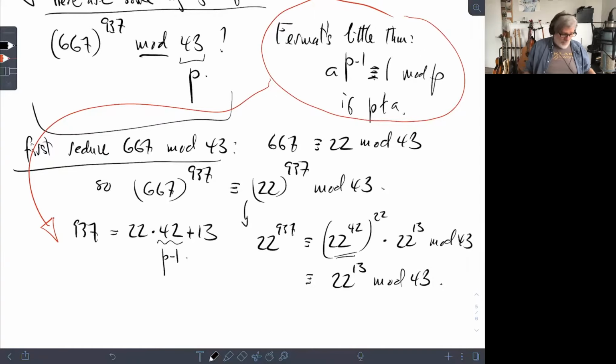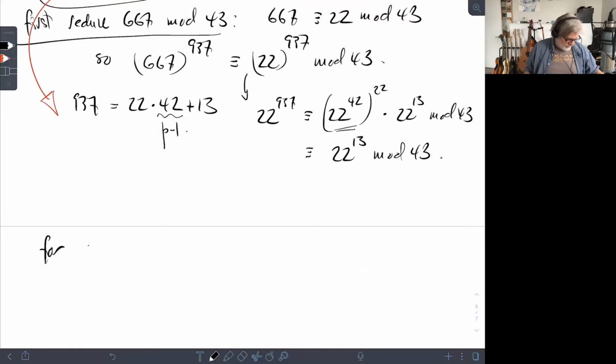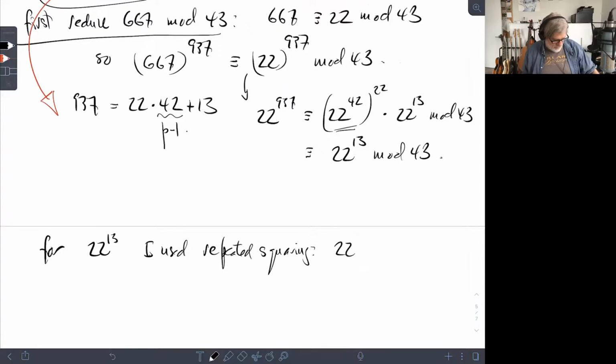Now I used repeated squaring on that one. Now notice that 22 squared, you can do the computation, but there's a little trick because 22 is half of 44. 22 squared is 11, which I think is easy to see, but anyway, I just computed it.